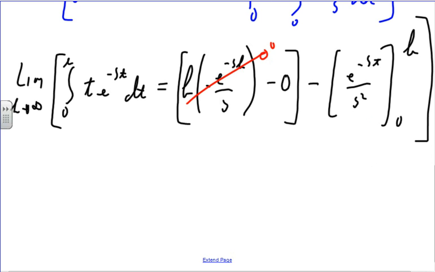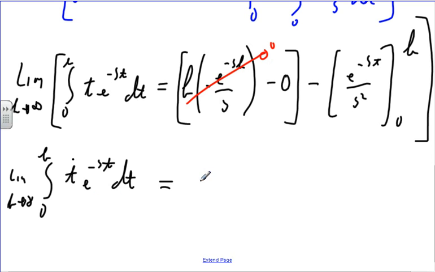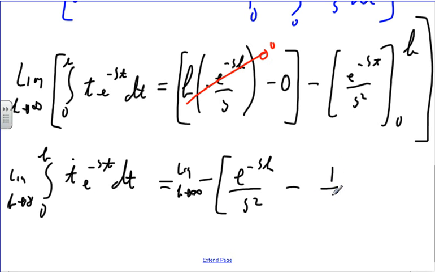So now I've got the limit as b goes to infinity of the integral from 0 to b of t e to the minus st dt equals, I put in the b, e to the minus sb over s squared minus 1 over s squared.